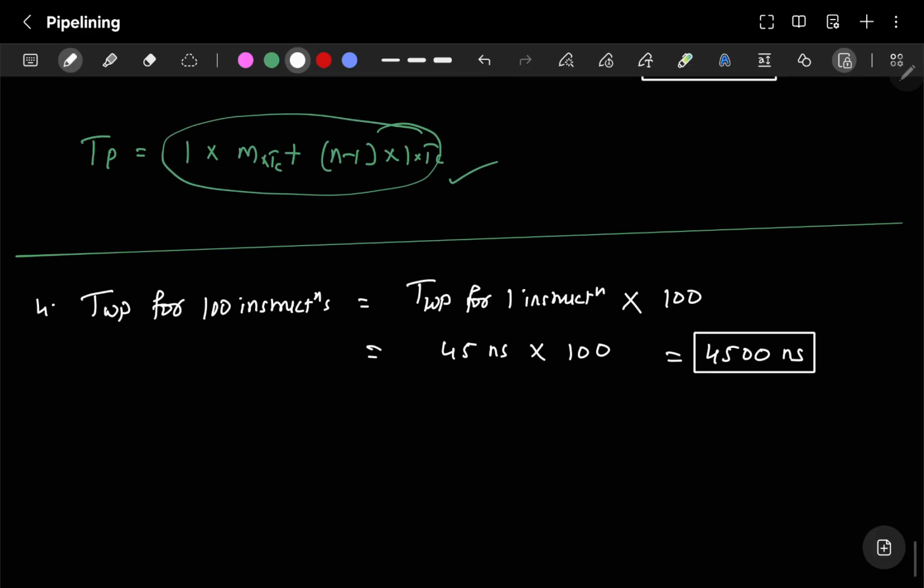Okay, so if you want it in terms of a formula, then you can write it like this. There are n instructions, and the time taken for each instruction would be the same. So if there are n instructions, the time taken is n multiplied by the time taken for each instruction.